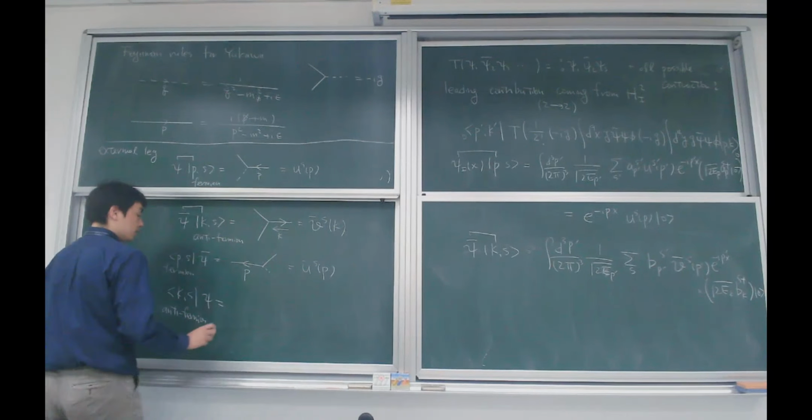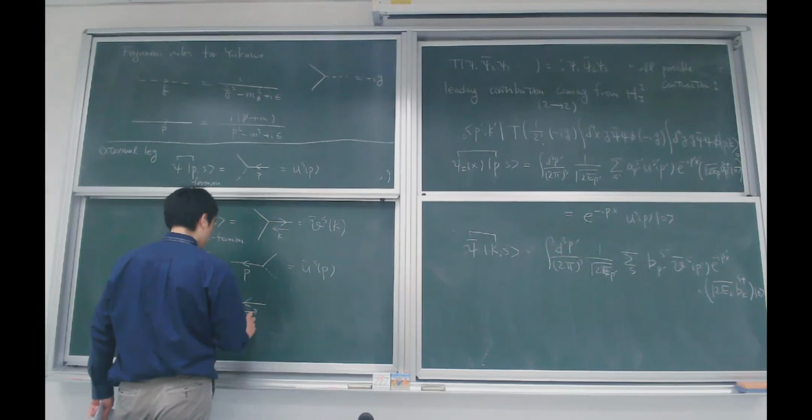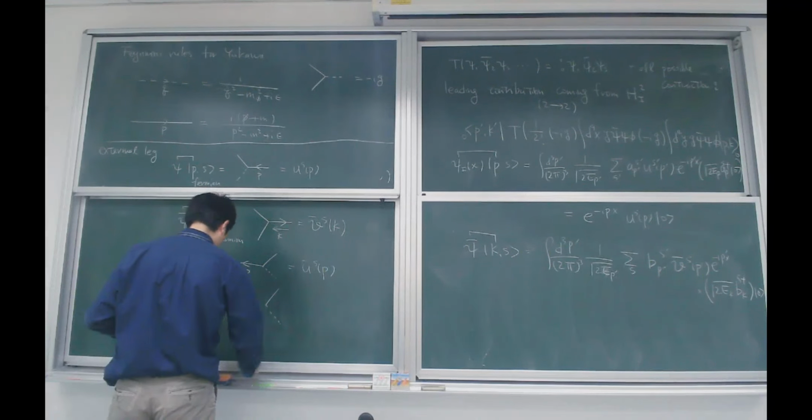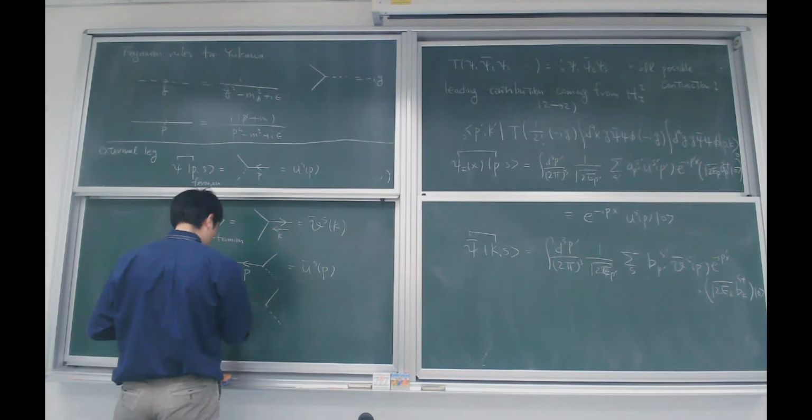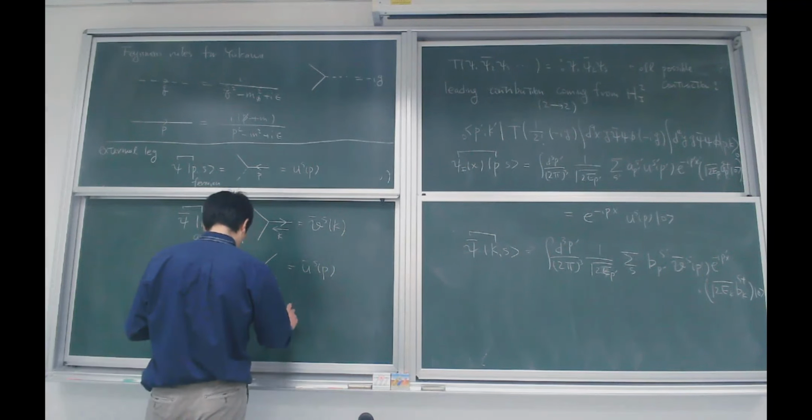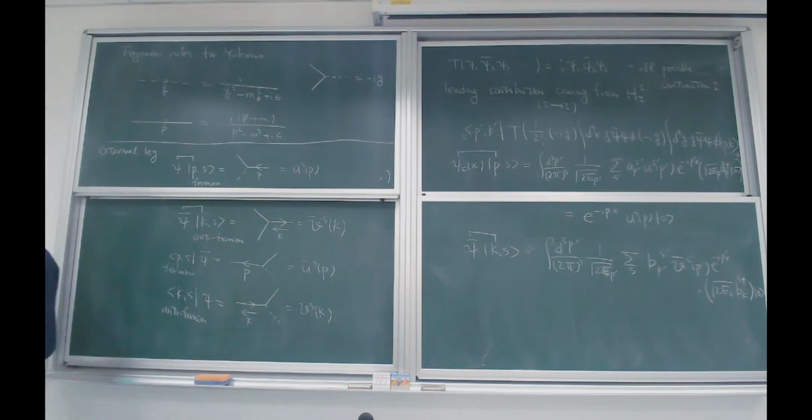And psi is equal to, sorry, the opposite, I told you wrong, v^s of p. So that's the primary rule for Gauss theorem.